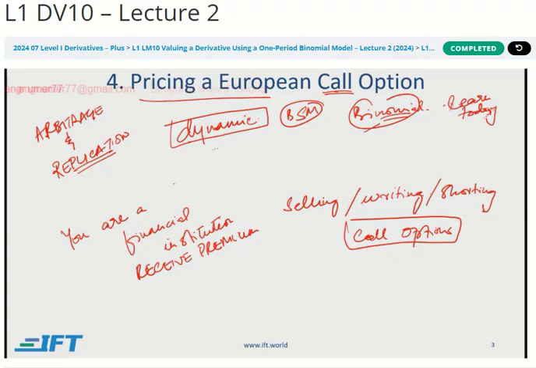Let's say we are talking about Apple shares, and we are giving the right to buy at 80. And in case it goes to 110, then obviously everybody will come and say, please give us the shares at 80, right? So we will have a loss. So what we do is we actually buy the shares as well ourselves. We buy the shares.